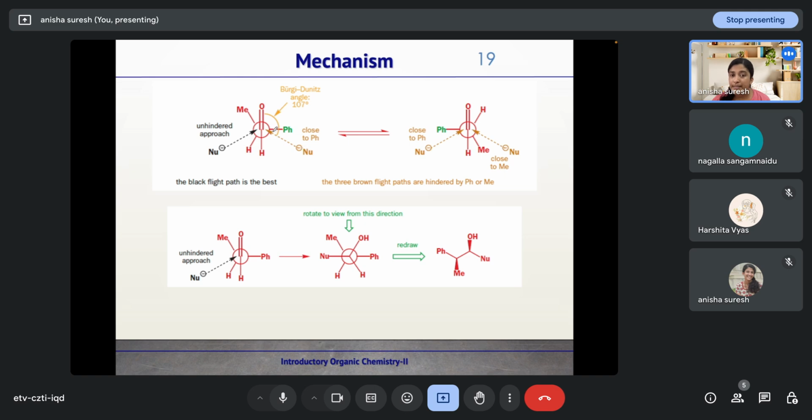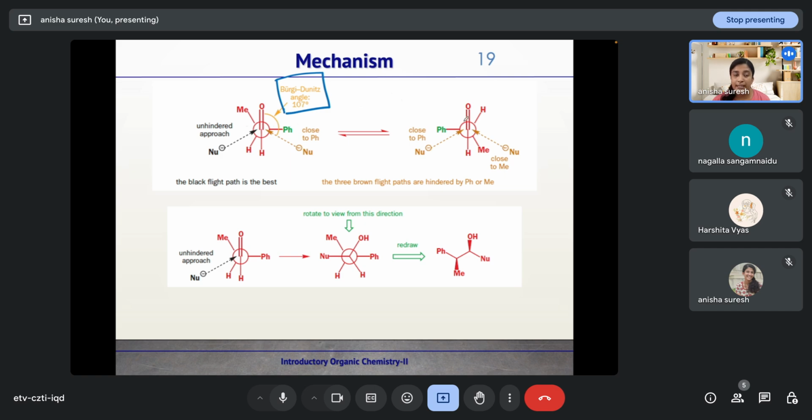It can attack from this direction, but it is close to the pH, so steric hindrance will be there. For the attack of the nucleophile, it should follow the Bürgi-Dunitz angle, that is 107 degrees from the carbonyl. Once it is attacking from this side, since it is close to pH, it will be having steric hindrance. Here, since hydrogen is only in the path, it is having an unhindered approach.